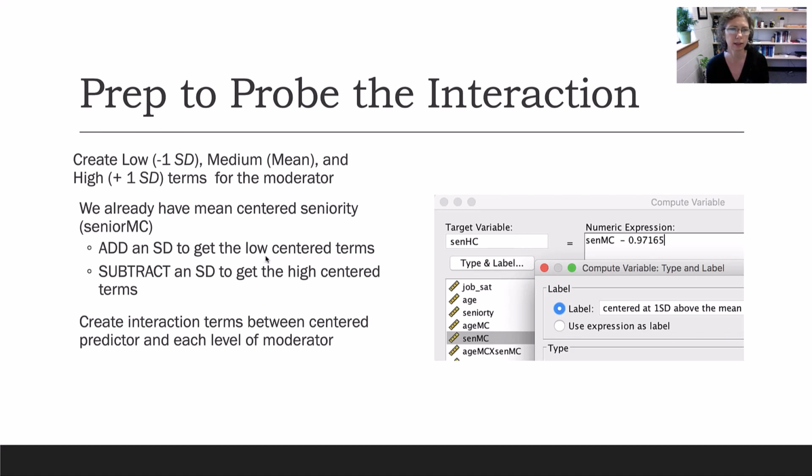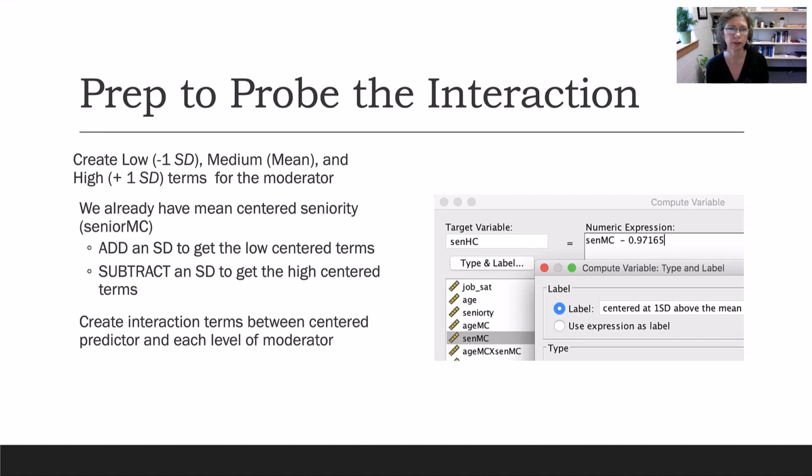Then to get the low and high-centered terms, it kind of feels backwards: we add the standard deviation to get the low-centered terms, and we subtract the standard deviation to get the high-centered terms. We'll run through that in the labs as well. It would just be computing a variable, taking our centered term and then either subtracting or adding. We subtract when making the high-centered term, and we add the standard deviation when getting the low-centered term.